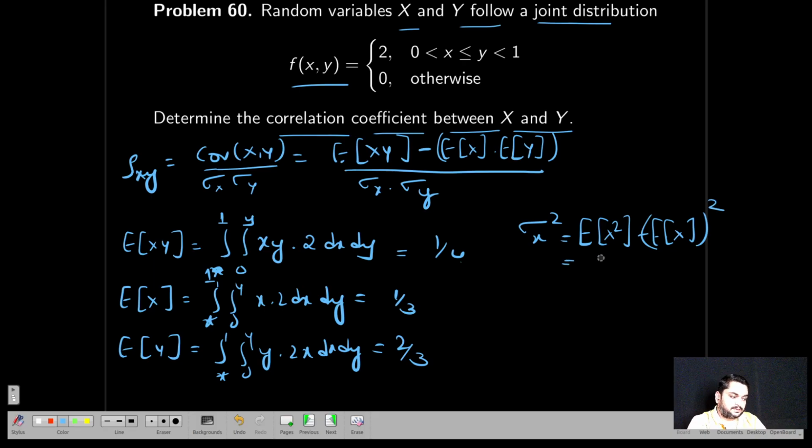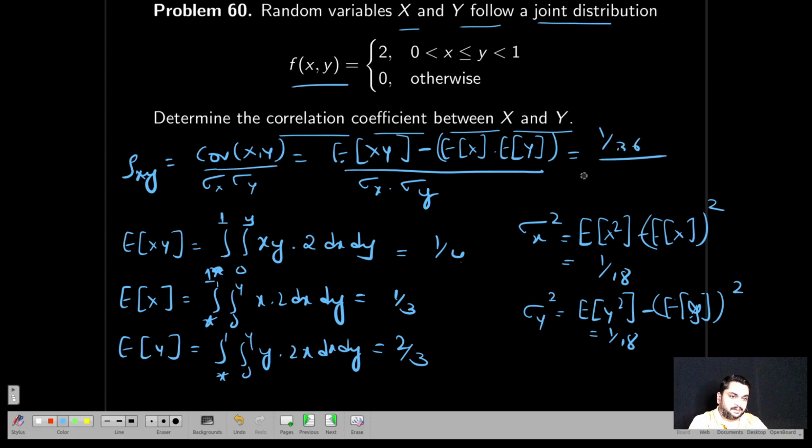So we will get it as 1 by 18. Problem is simple, but the only thing is the calculation. Usually they don't ask such questions, but better you keep practicing so that if they ask, you will easily get 2 marks. E of y whole square will also be 1 by 18. Now substitute here. We will get 1 by 36 divided by square root of 1 by 18 into 1 by 18.